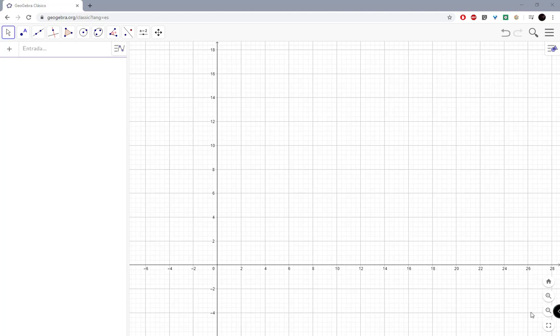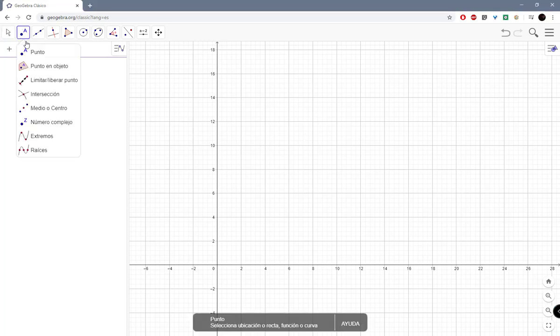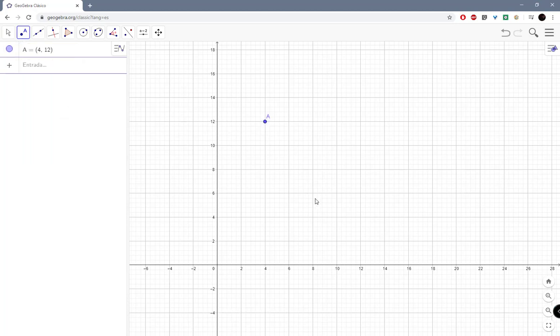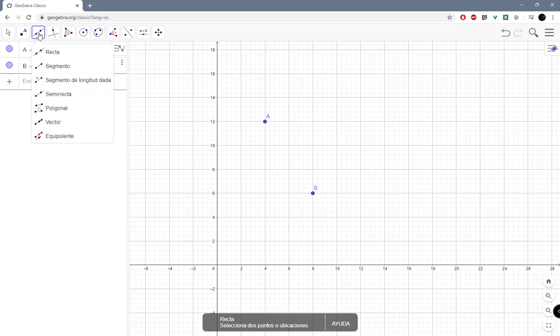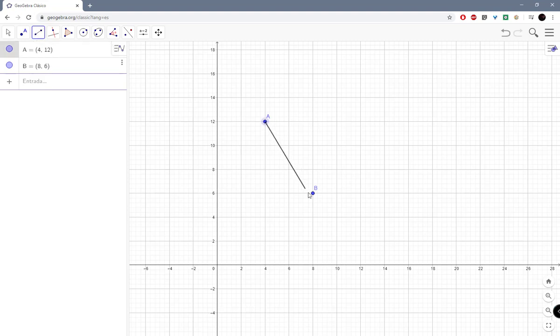Okay, so we are going to start by drawing 2 points which are going to be the tips of our segment, and I am going to select this tab and this tool in order to draw the segment.